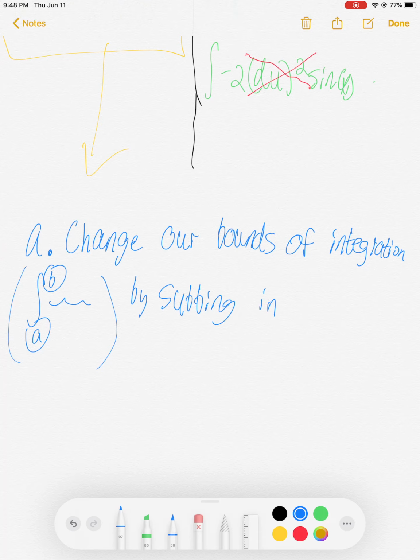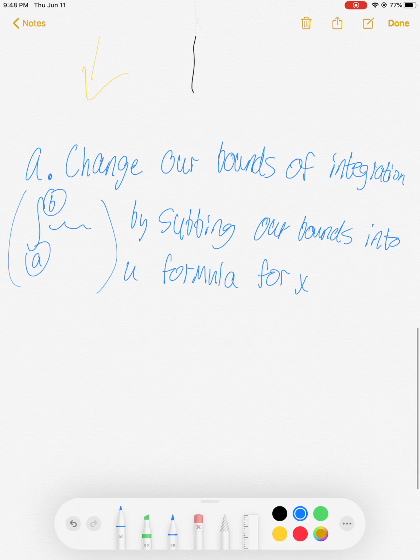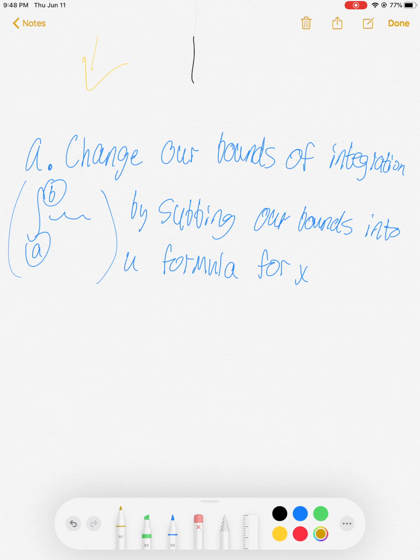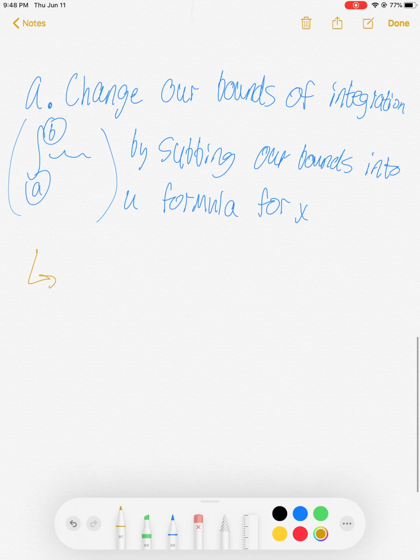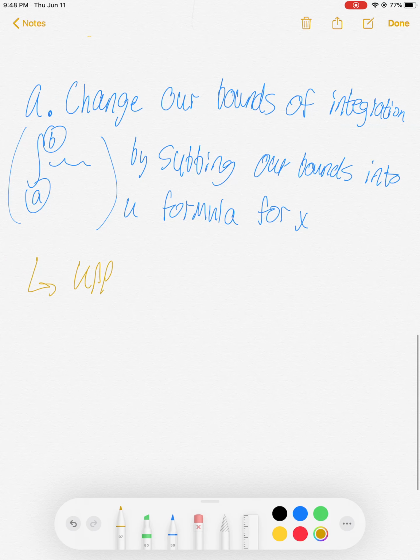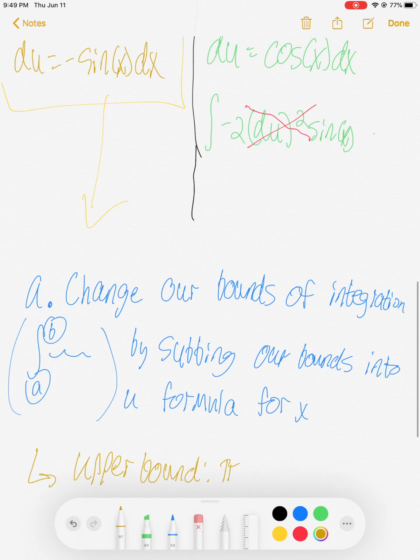Remember, the bounds of integration are just the things at the top and bottom, like from a to b. The way that we do that is by subbing our bounds into the u formula for x.